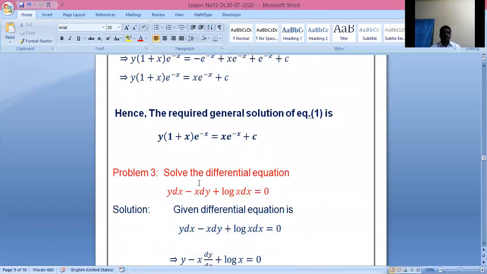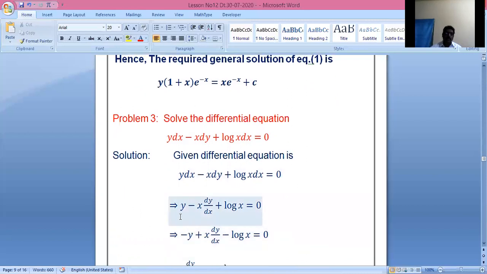Now, problem 3. Solve the differential equation y dx minus x dy plus log x dx is equal to 0. Here given differential equation is y dx minus x dy plus log x dx is equal to 0. That implies by dividing dx we get y minus x into dy by dx plus log x is equal to 0.